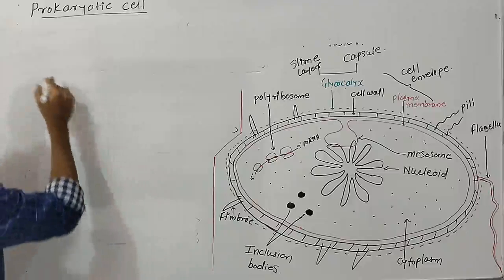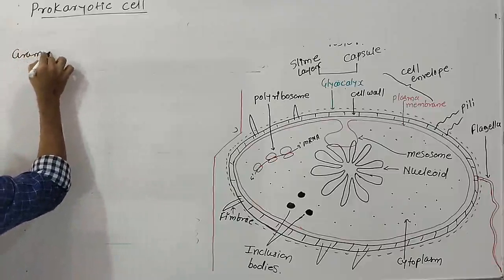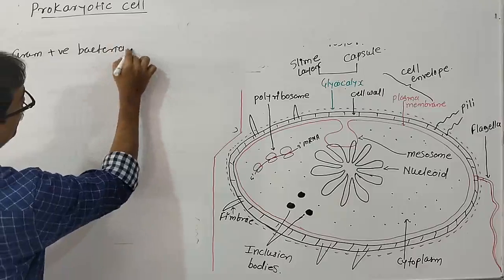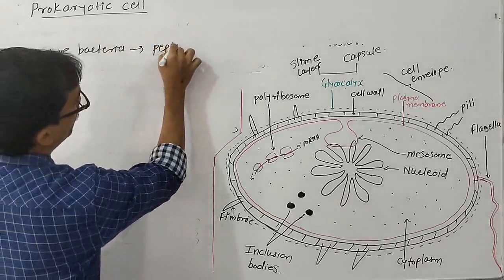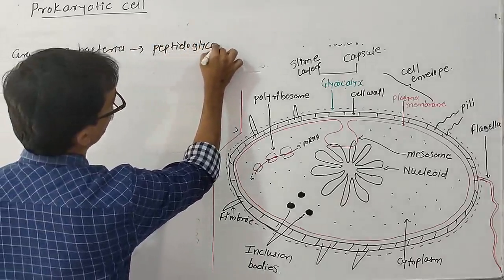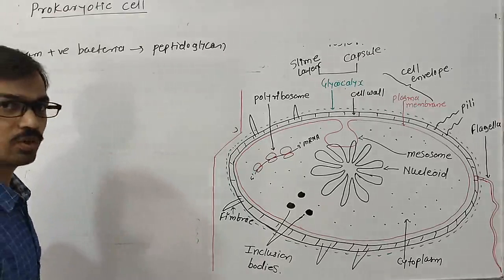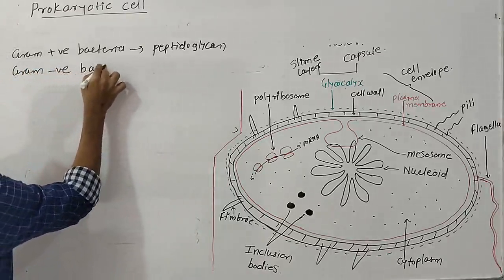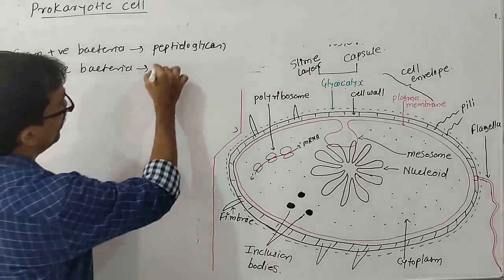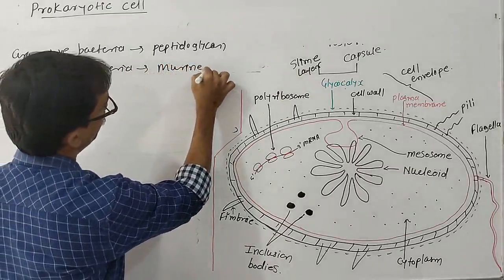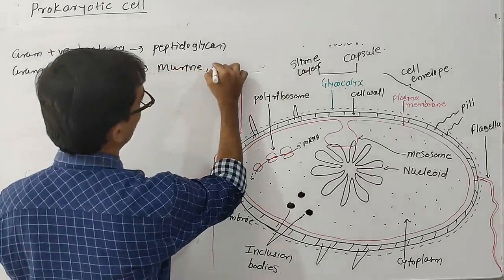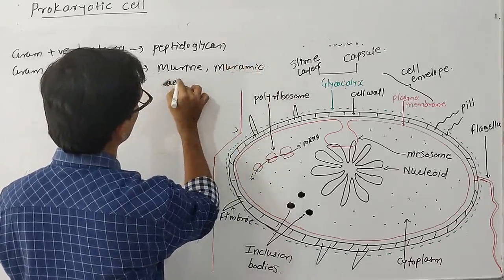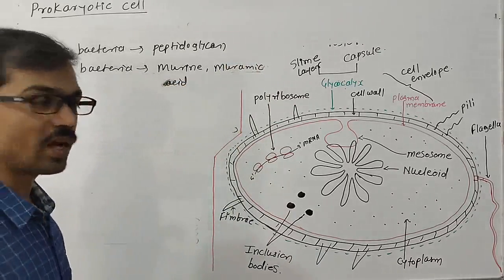Now the cell wall in case of gram positive bacteria is made up of peptidoglycan, which is a complex polysaccharide, and in case of gram negative bacteria it is made up of murein and muramic acid, or N-acetyl muramic acid.